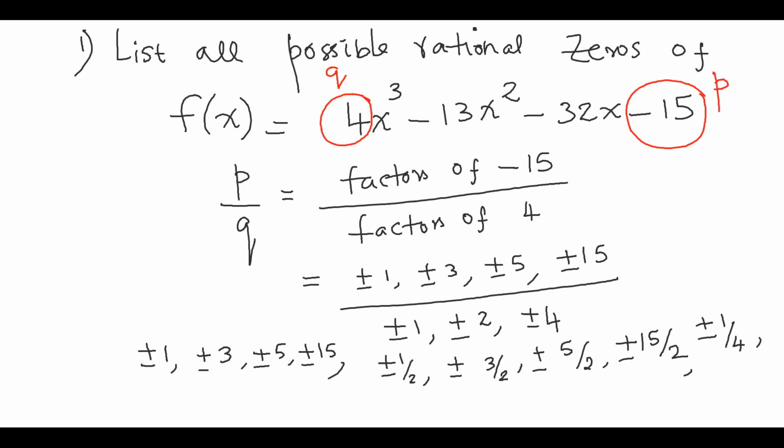Next one is going to be 3/4, and then 5/4, and then plus or minus 15 over 4. So these are the possible rational zeros.